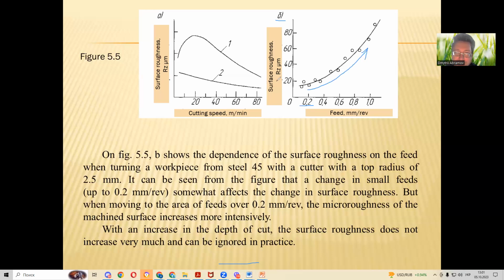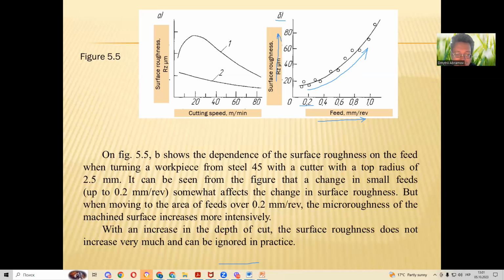Micro roughness of surface increases more intensively. If we increase the feed, we can see that surface roughness is increasing too, and most intensively after 0.2 millimeters per revolution of feed.